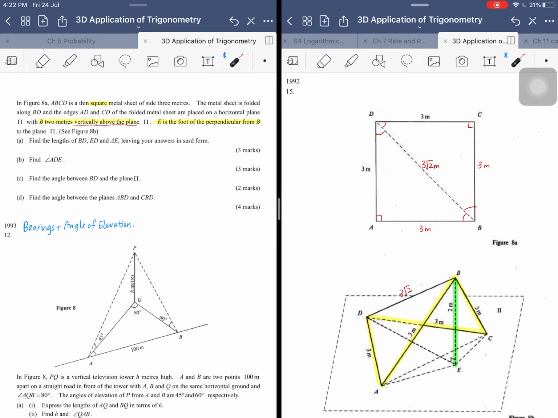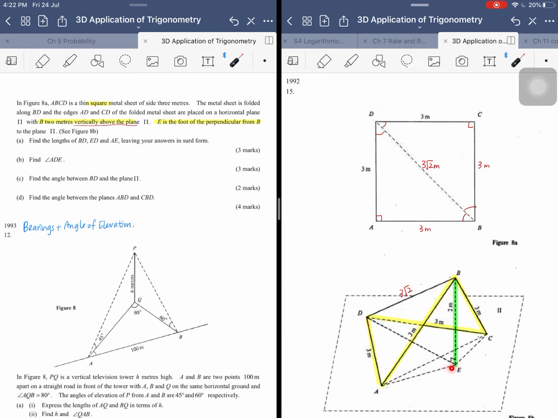And then you will have AE. Now, this time, we don't know these angles, okay? We don't know these angles. We know AD, we know ED. So don't assume any of these angles because the paper has been folded. So we actually don't know what angles have been formed here.